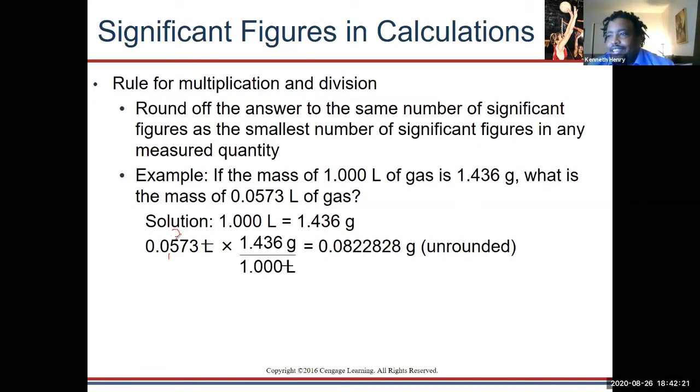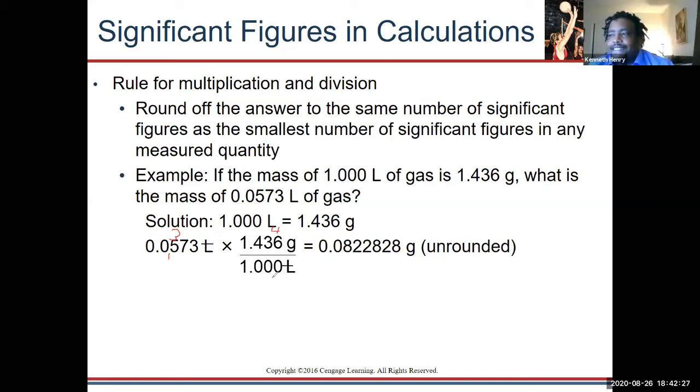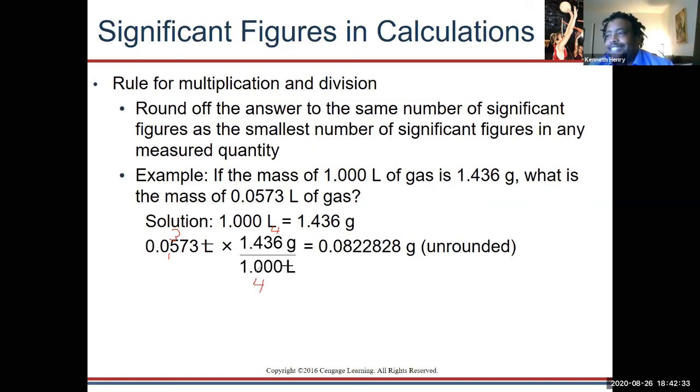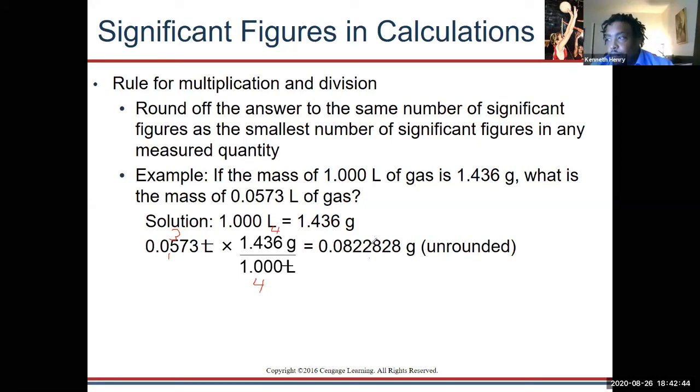What about this number? 4. And this number down here? 4, because of that decimal, that's right. So how many sig figs will this have? 3. So I'm going to use this number to determine whether I round up or round down.